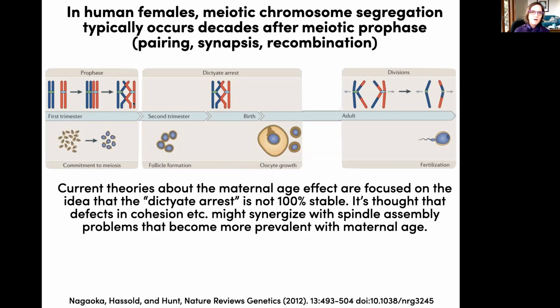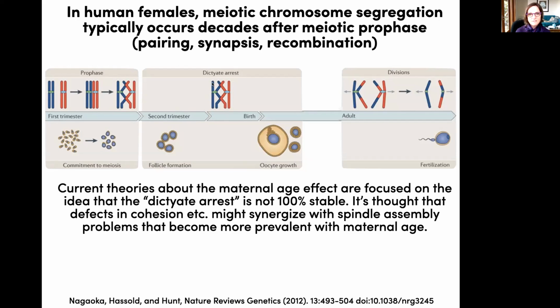And then the oocytes all arrest at the stage called dictyate arrest. The chromosomes are partially condensed, again held together by chiasmata and cohesion. It's only when hormonal signals initiate at puberty and you start maturing oocytes each cycle that the divisions happen. So there are often decades between creating this bivalent structure and the segregation that has to happen.